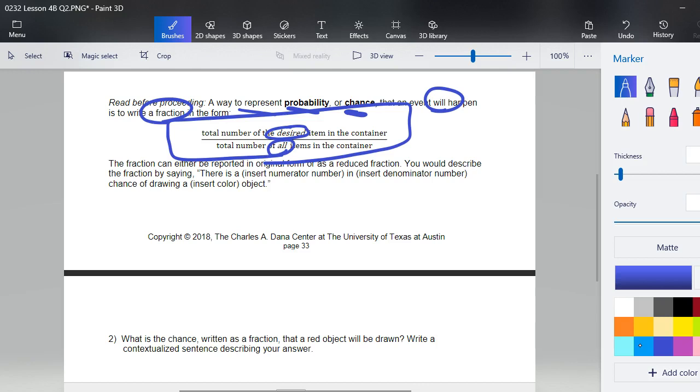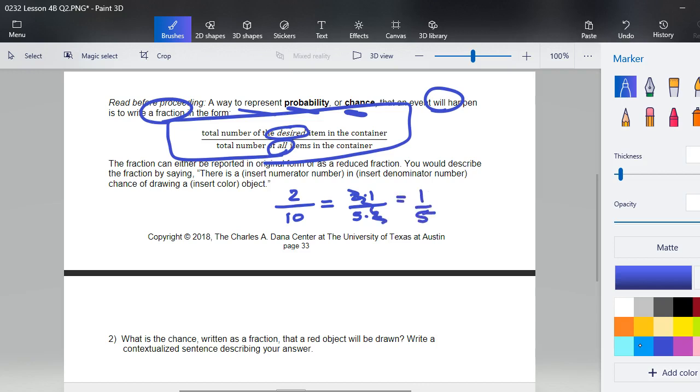Earlier, in our bag, we had 2 blue. If we were talking about drawing a blue out of 10, we can leave it as that fraction, or we can reduce it. And we get 1/5, 1 out of 5.